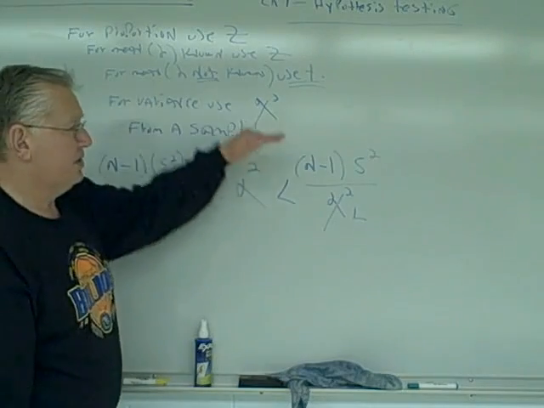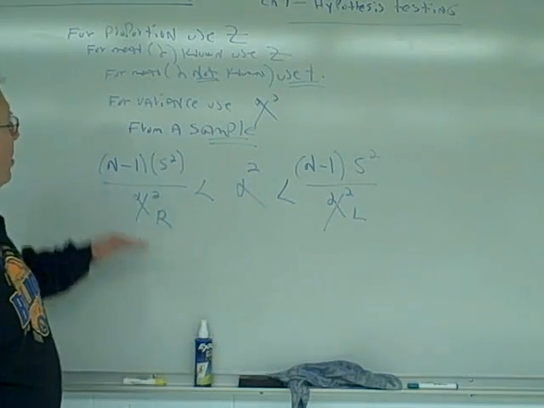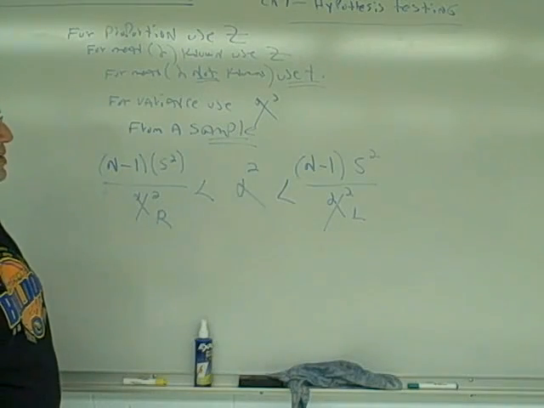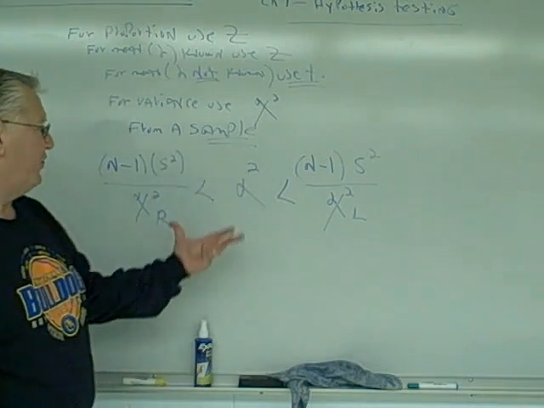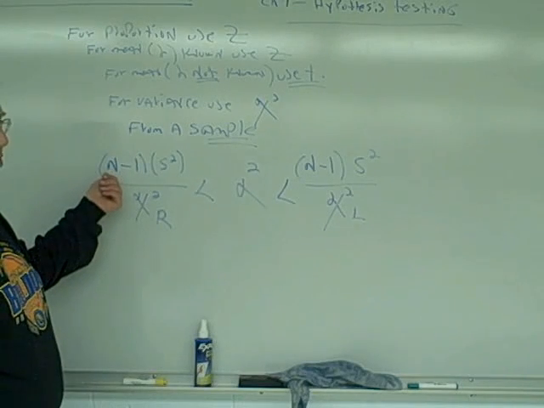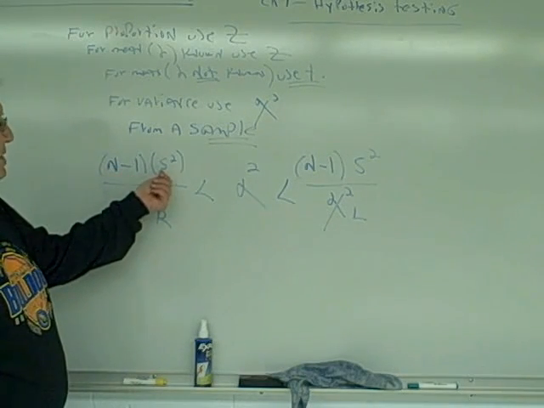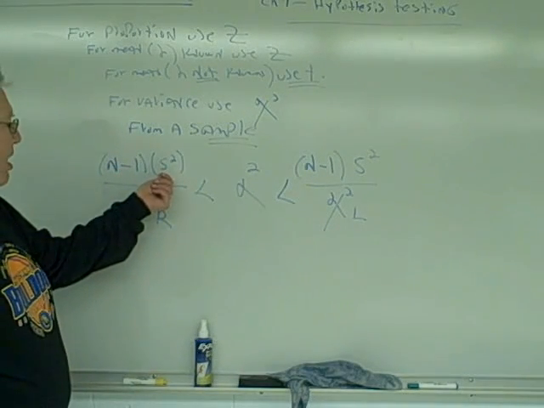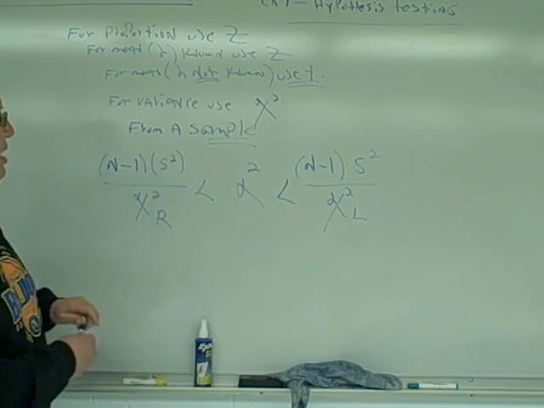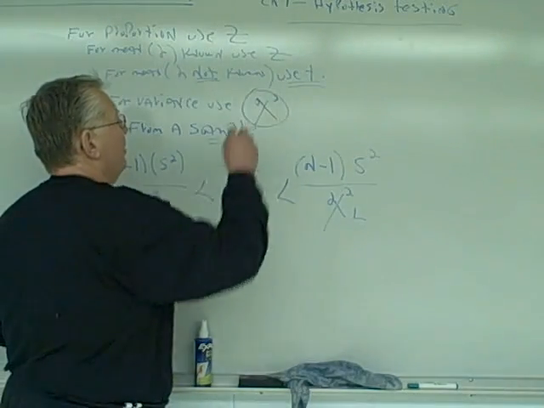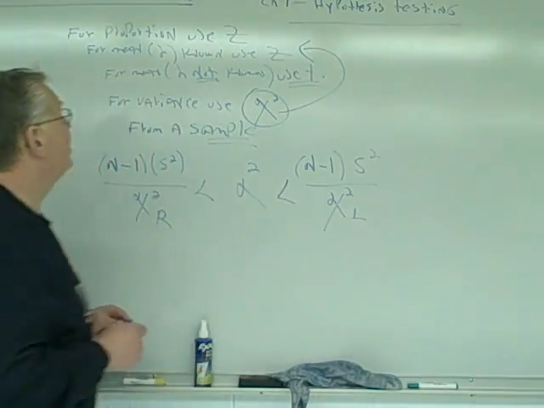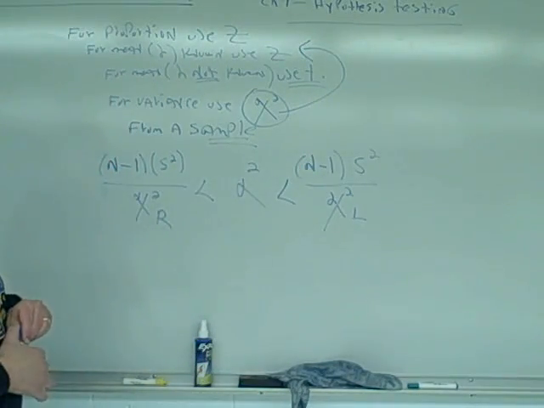For variance, to estimate the variance of the population from a sample, we have this formula: n minus 1, where n is the number in the sample, times the standard deviation of the sample squared, over chi squared right. That's our critical value for variance, just like z's and t's for proportion and mean.